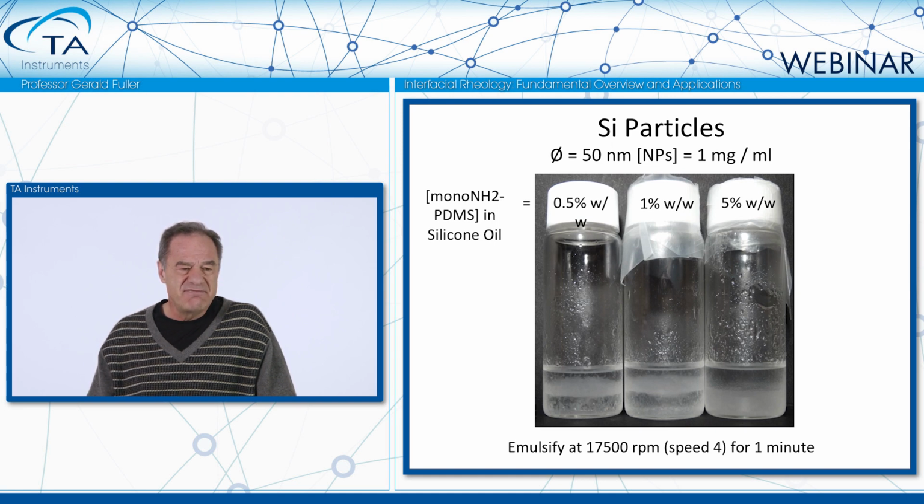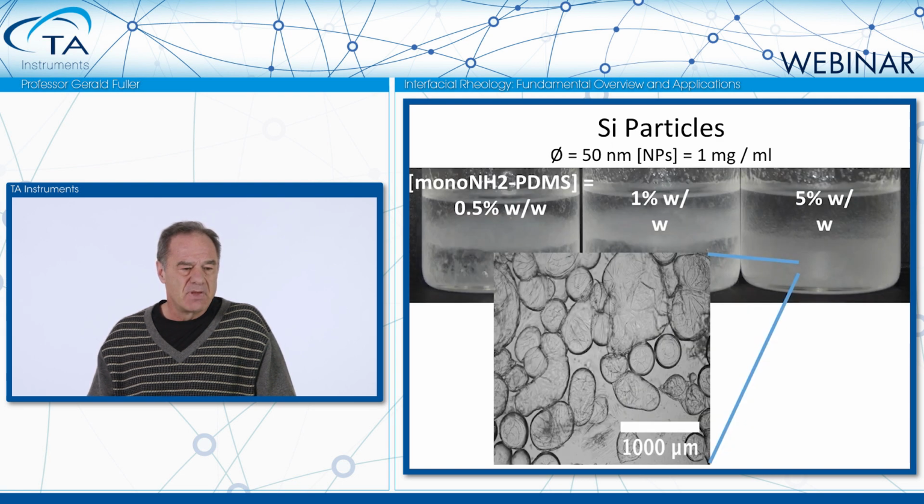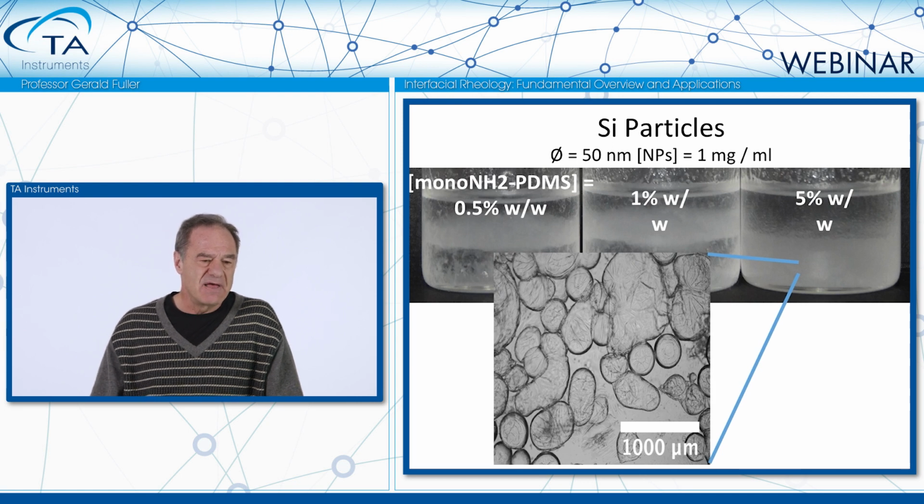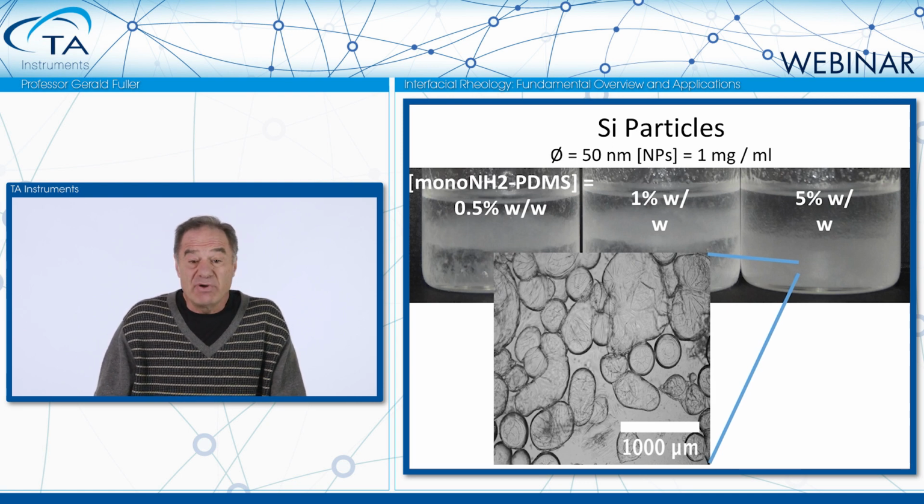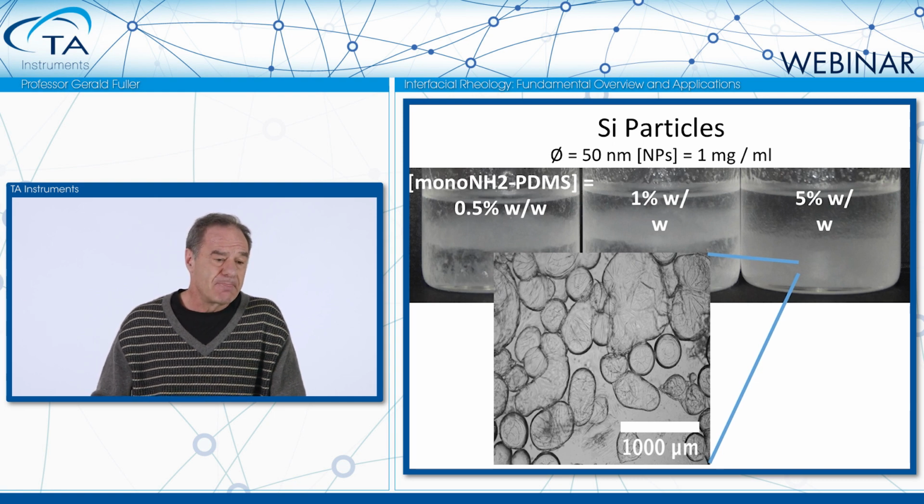On the right, you can see very clearly a very turbid, very stable emulsion. You can blow up the droplets inside that very stable emulsion. You can see all the wrinkles, and that's a direct indication of a very viscoelastic interface. And the droplets retain non-spherical shape for that reason.